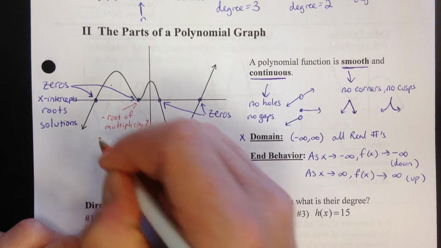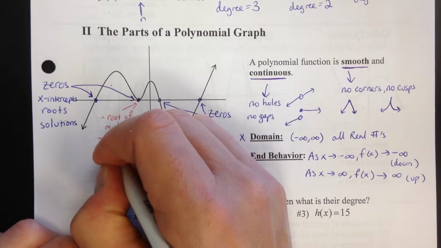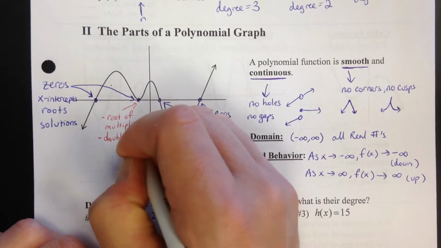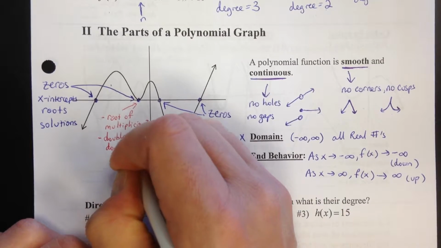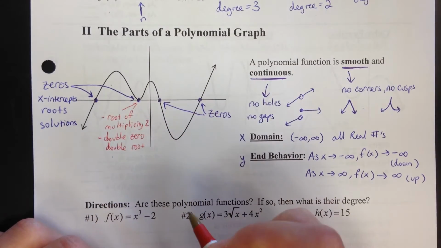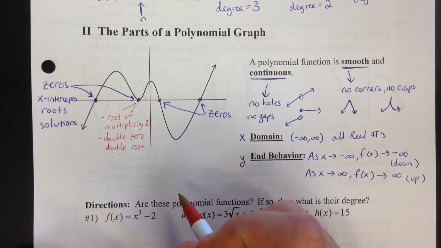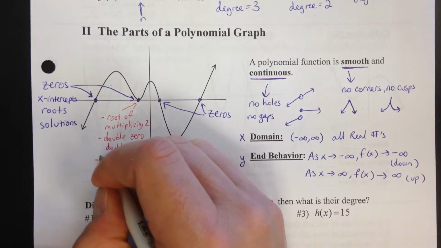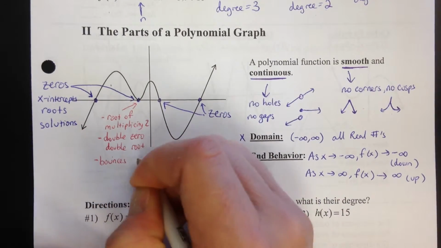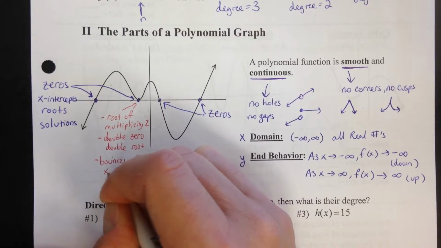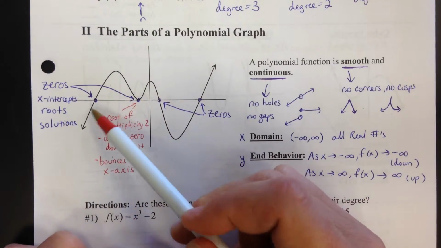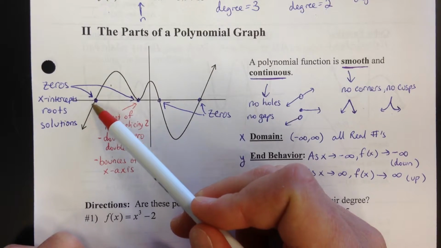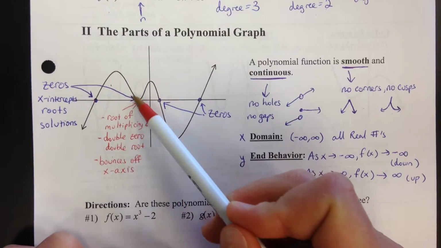A name that is probably a little bit easier to say is we call it a double root or a double zero. So what happens is you get the answer twice. It's the same thing. And the idea is that it bounces off the x-axis.